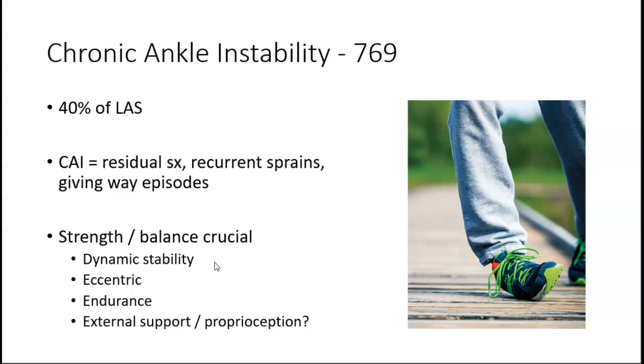The only other thing that I want to make sure that you're aware of is this chronic ankle instability concept, where a large portion of our lateral ankle sprain patients will develop chronic ankle instability: ongoing ankle symptoms, ankle sprains, or giving way episodes that may not even be painful.